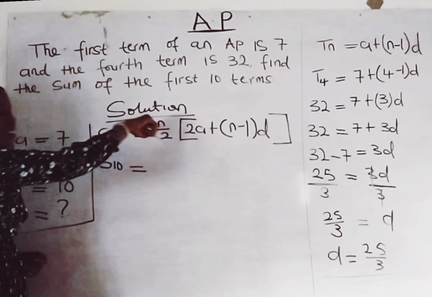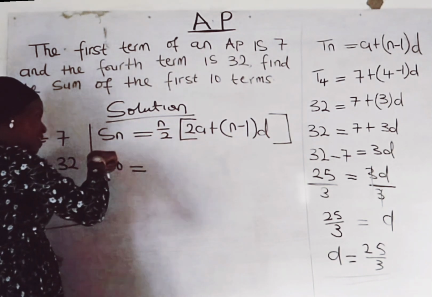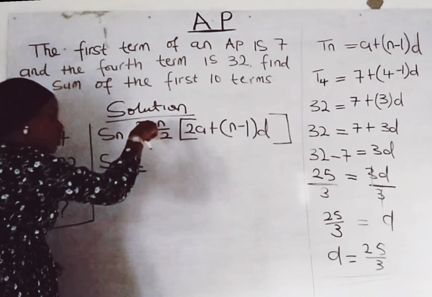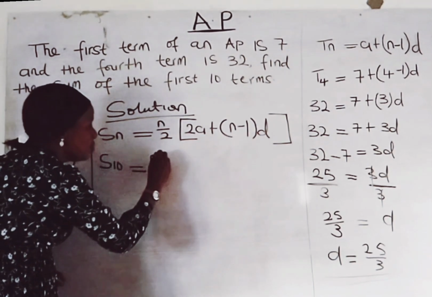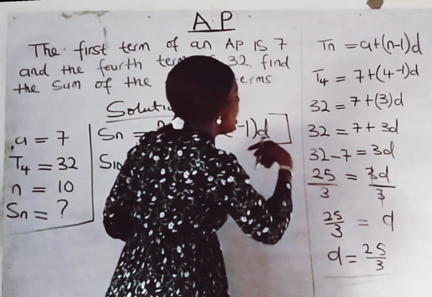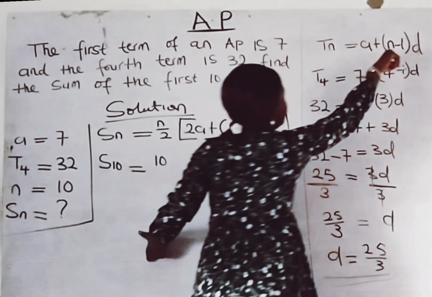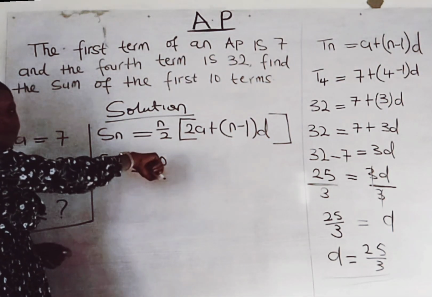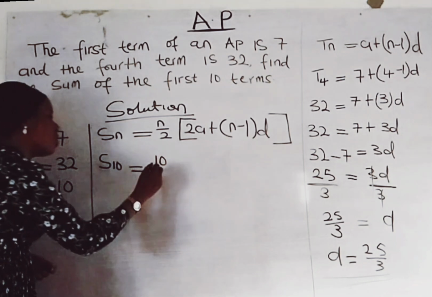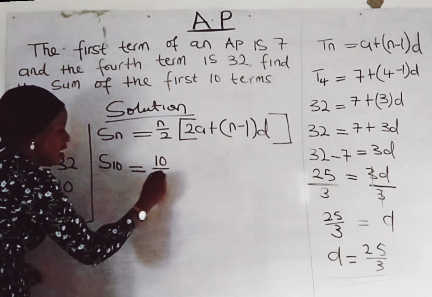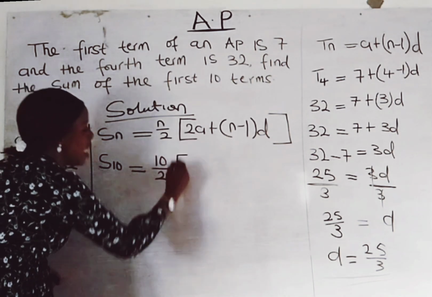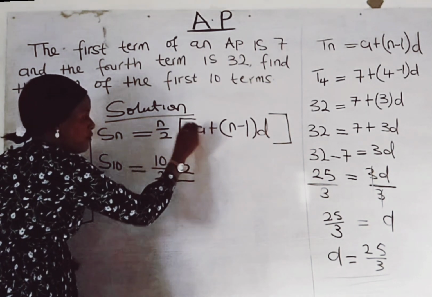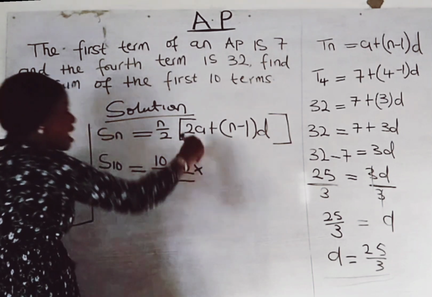equals to n over 2. Whatever n represents here, it will also represent the same thing here. Observe when we got our n as 4, n here became 4. So n here is 10, and n here will be 10. Is that clear? Over 2, open the bracket, 2 times a.